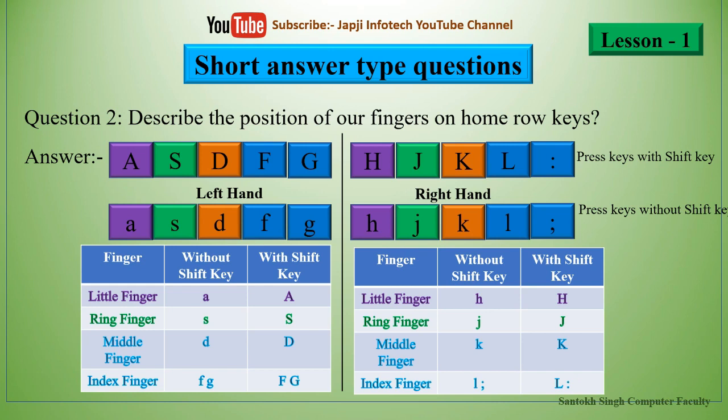So first of all, the little finger of our left hand would be on A key, ring finger on S key, middle finger on D key, index finger on F and on G key respectively. Similarly, little, ring, middle and index finger of right hand should be on semicolon, L, K, J and H key respectively.